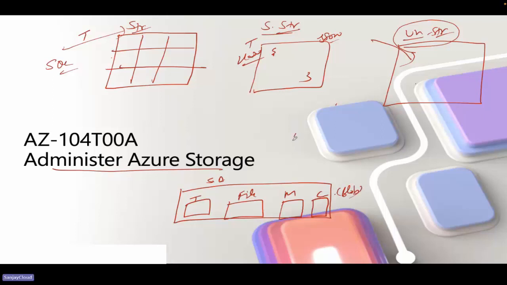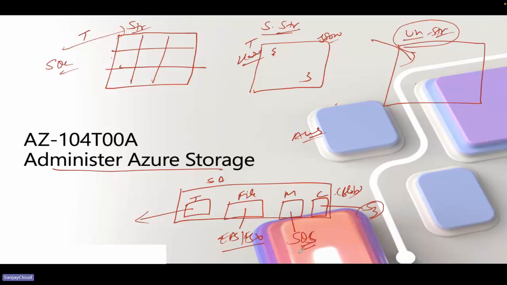Correct. If you compare with AWS, for table, we have tabular databases, or we can use DynamoDB. When it comes to file, we have EFS and FSx in AWS. For messaging, we have SQS service in AWS, and for container, we have S3 service.